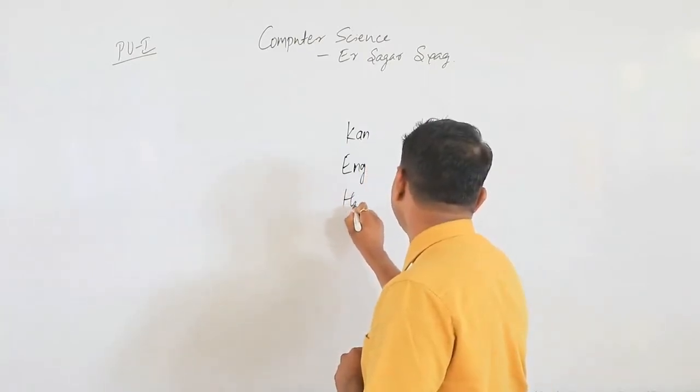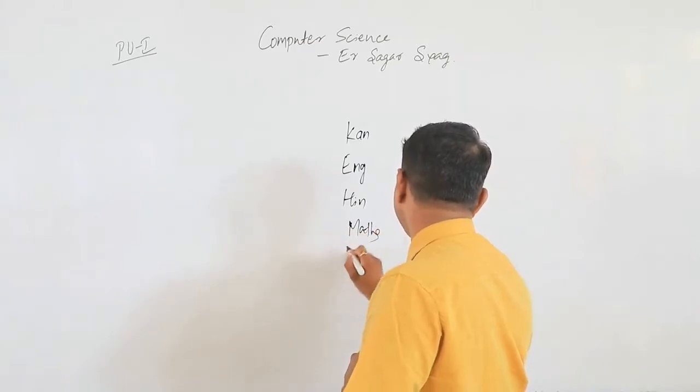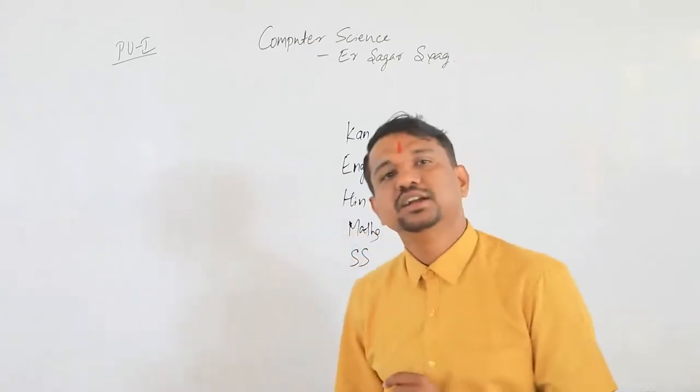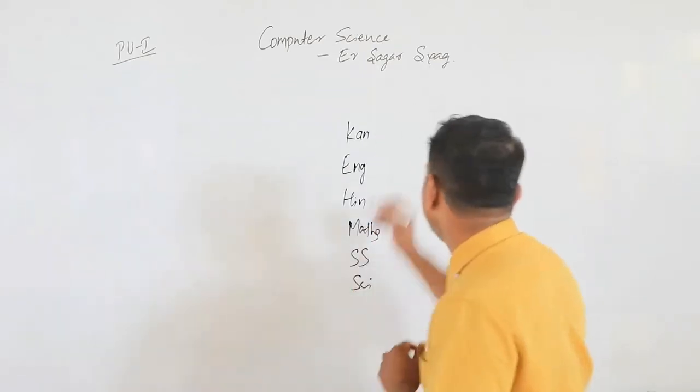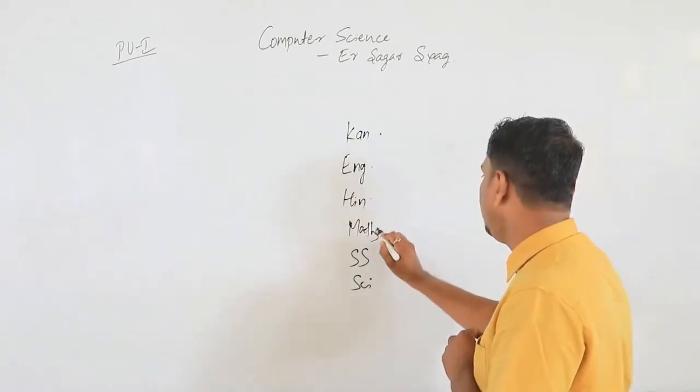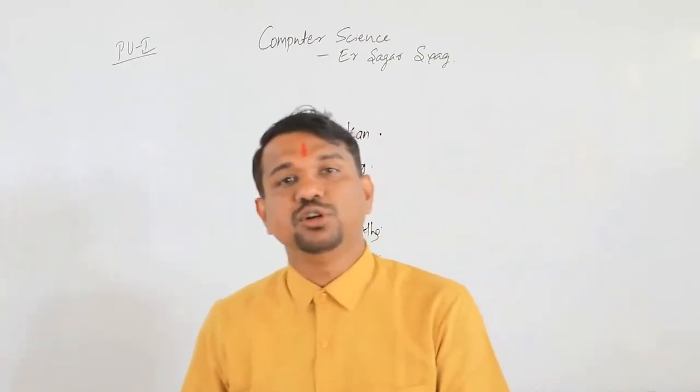For Hindi, HIN. For mathematics, we'll take maths. For social science, we'll take SS. For science, we'll take SCI. So 1, 2, 3, 4, 5, 6. 6 subjects we have to take.